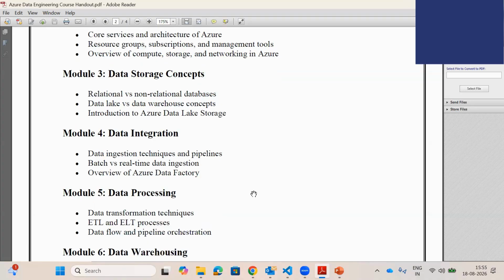Do we need to extract the data only once a day, or on a real time basis, every second checking whether data is present for extraction or not? That is considered real time data ingestion. For that, there is a tool called Data Factory.